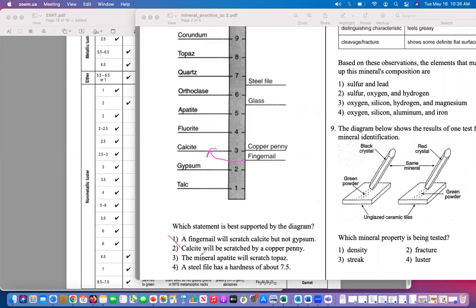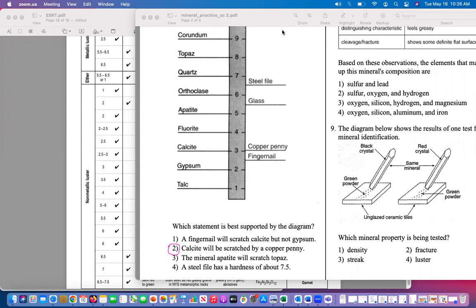It says calcite will be scratched by a copper penny. That is true because copper penny is a little bit higher than calcite in the hardness scale. Even if they were equal to each other, they would be able to scratch each other. They still would be able to scratch each other. So that's why choice 2 is the correct answer.